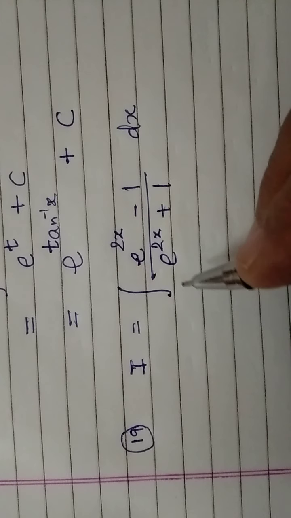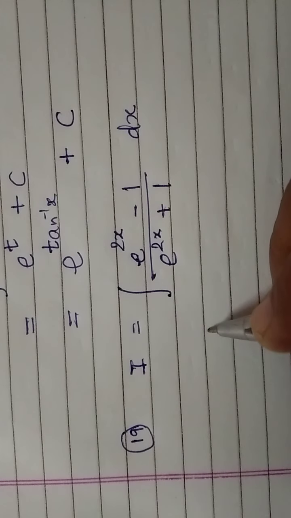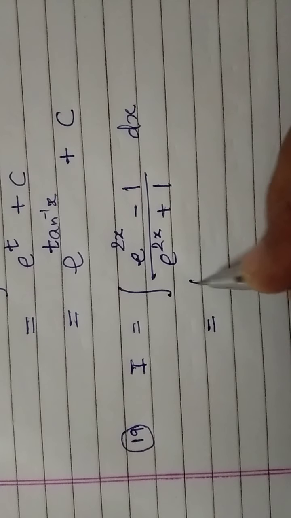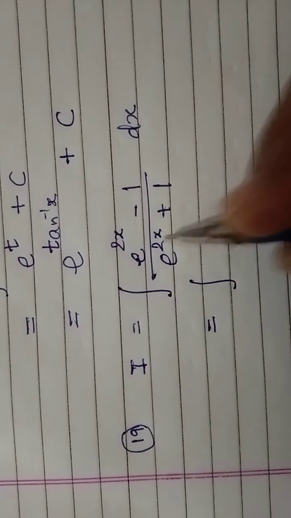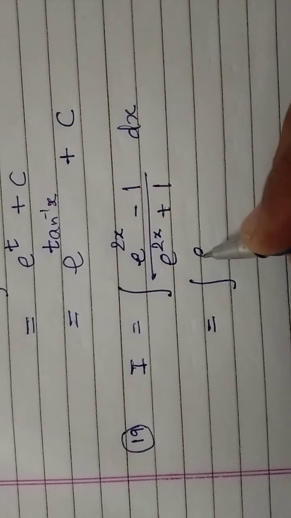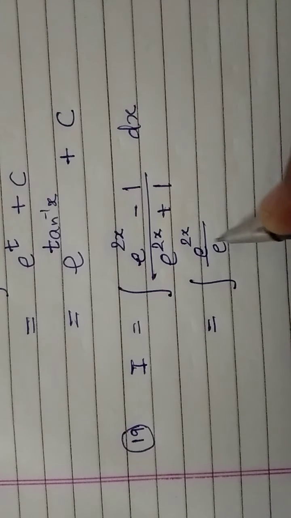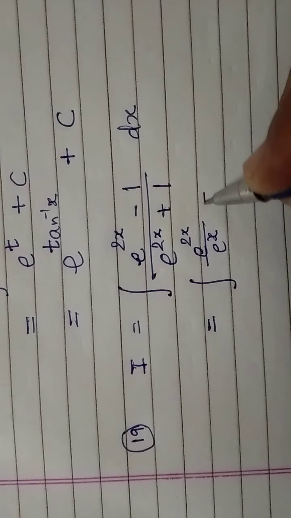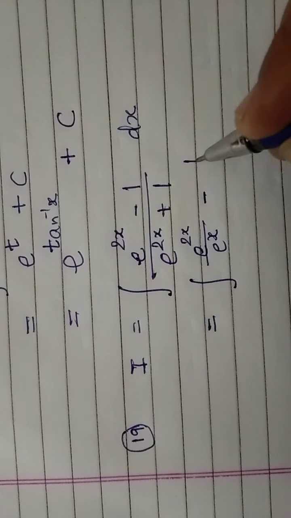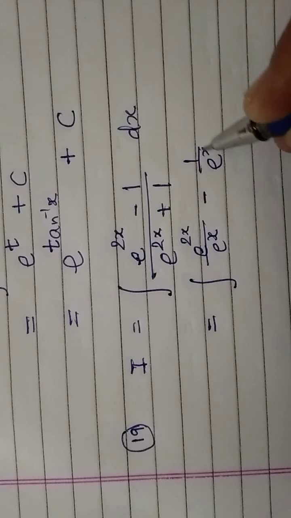So I have to look for another approach, and what I do is every term in my question I divide by e raised to x. So I had e raised to 2x, I divide it by e raised to x. Then I have minus 1, that also I divide by e raised to x.